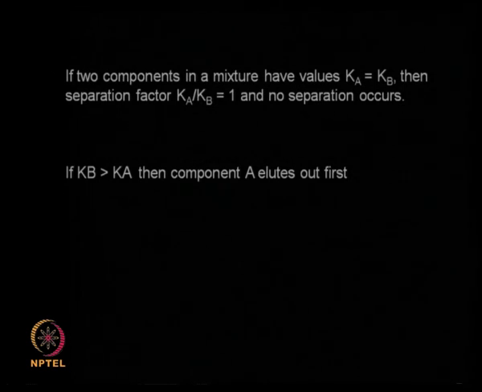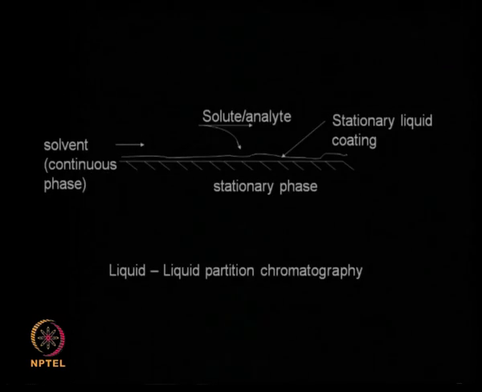So if Kb is greater than Ka, A will be eluting out first, whereas if Kb is less than Ka, then B will be eluting out first. And of course in a real protein mixture situation, we are not going to have only two proteins, we may have even tens or hundreds of proteins.